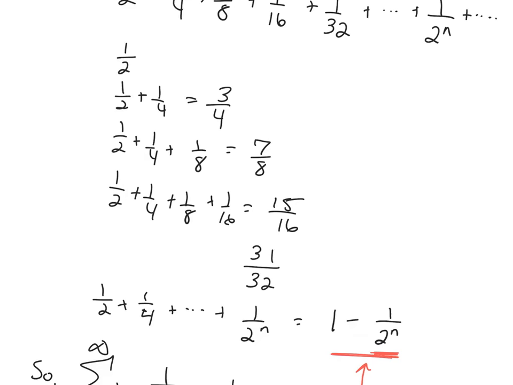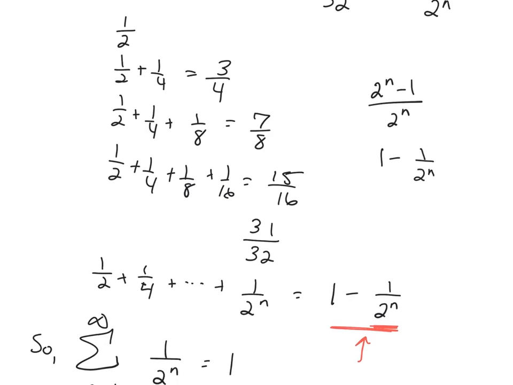And the numerators are always 1 less than the denominator. So in the end, I said this was 2 to the n minus 1 over 2 to the n. But then I can simplify that and just divide and get 1 minus 1 over 2 to the n. Okay? Other questions?